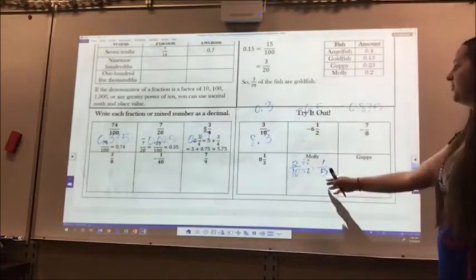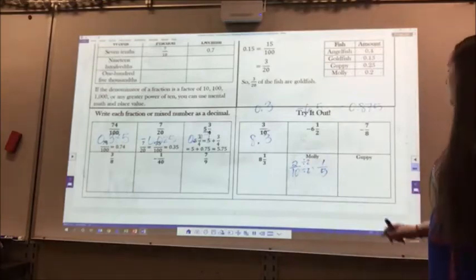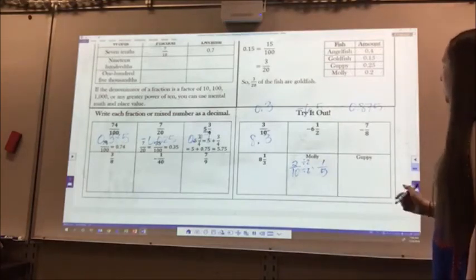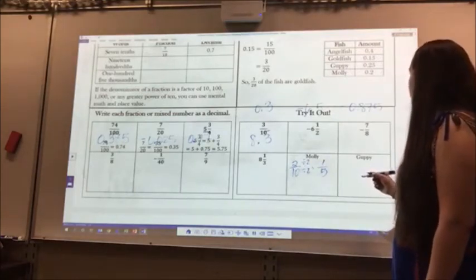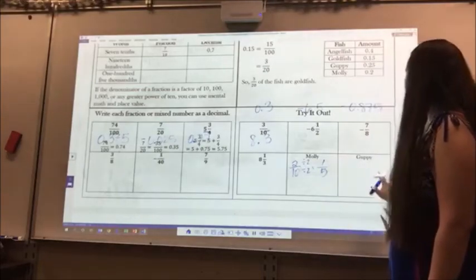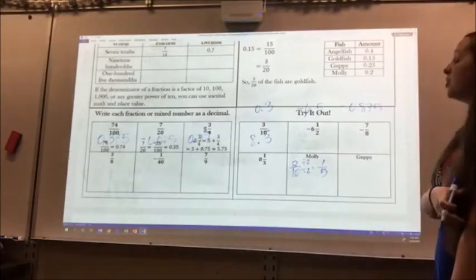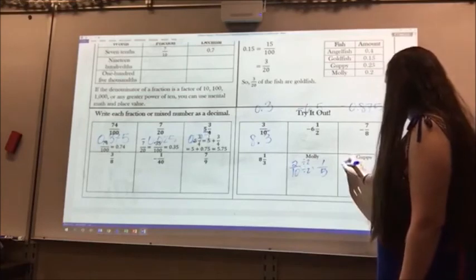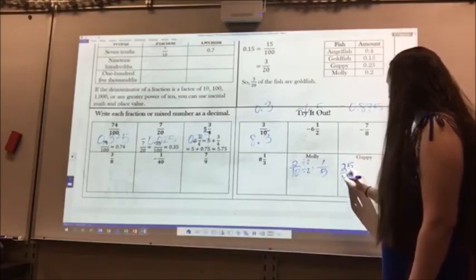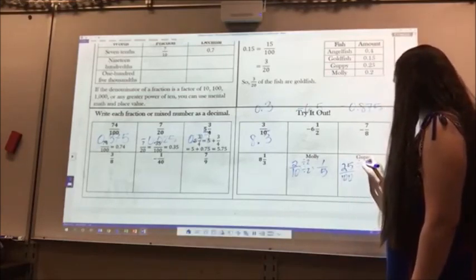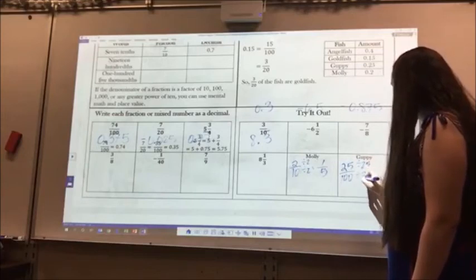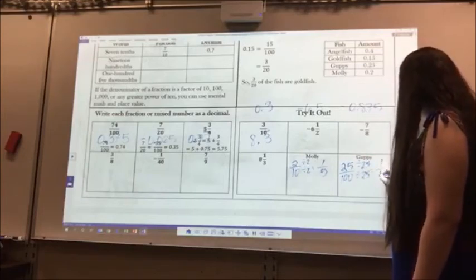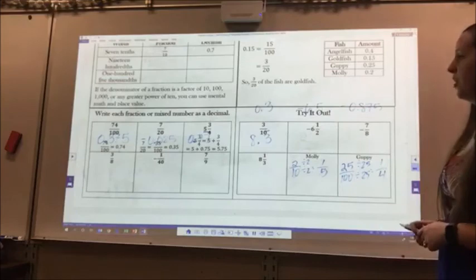So 1/5 is a fraction in simplest form. And then Guppies are 0.2, or, sorry, that was a Molly. Yeah, that was Molly. Guppies are 0.25 or 25/100. So 25/100, and I divide both of these by 25. I get 1/4, so Guppies are 1/4.